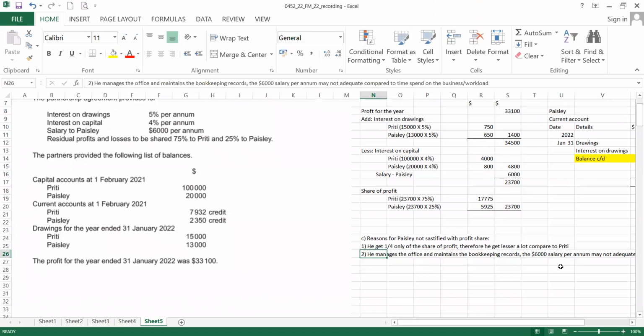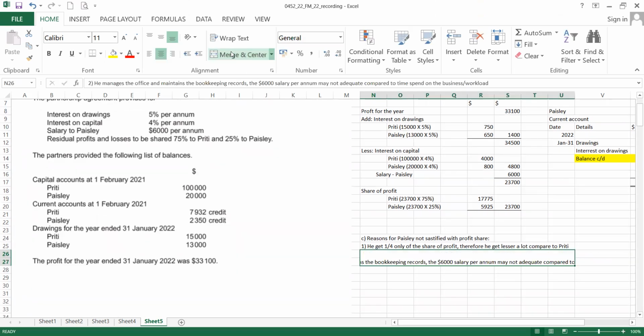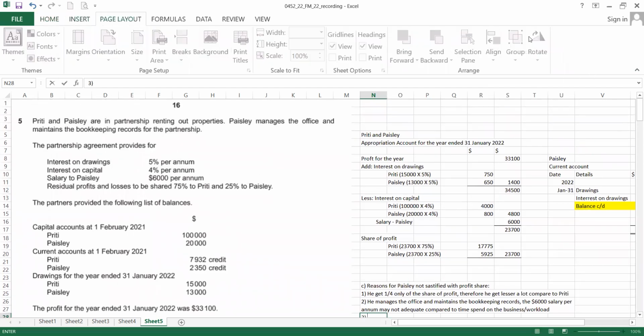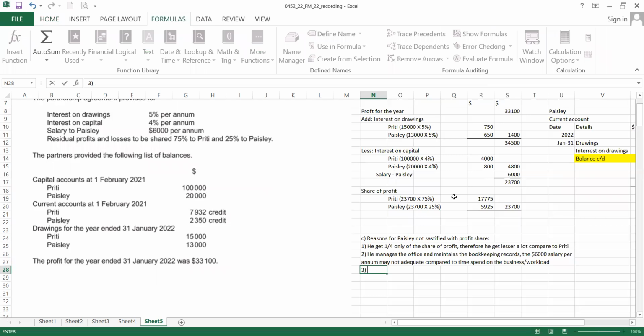The next one is number 3. His drawing is also less than Pretty. His drawings are also less than Pretty.